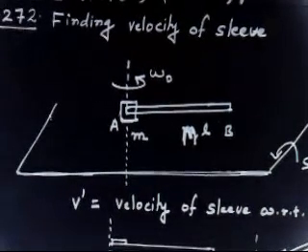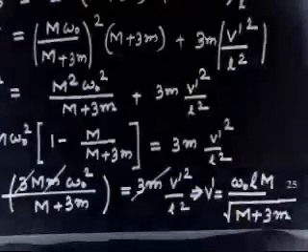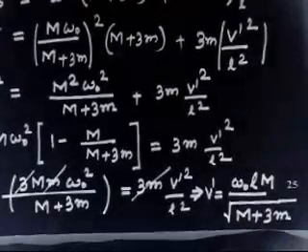There is no external force or external torque acting to keep omega naught constant. So omega naught will keep decreasing because the sleeve is gaining energy, the sleeve is gaining velocity. So this is quite a good problem. We'll discuss the next problem.